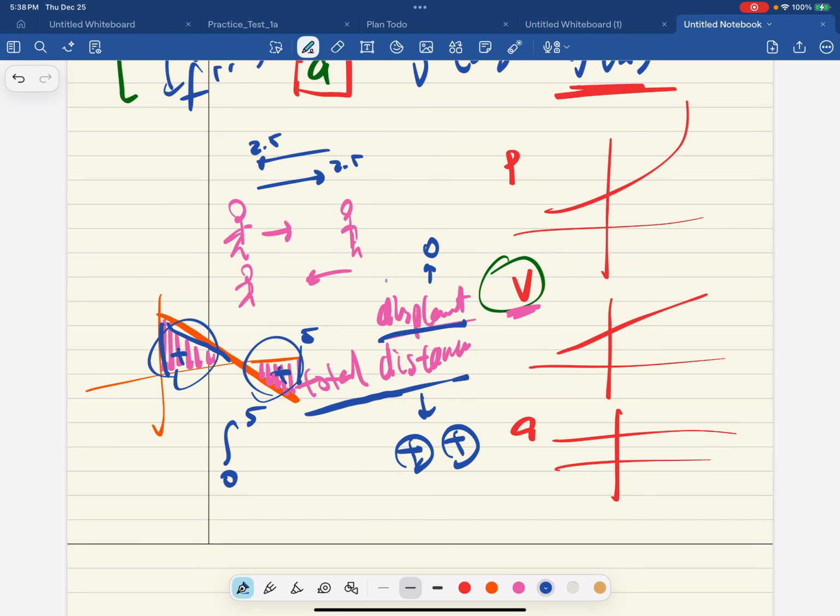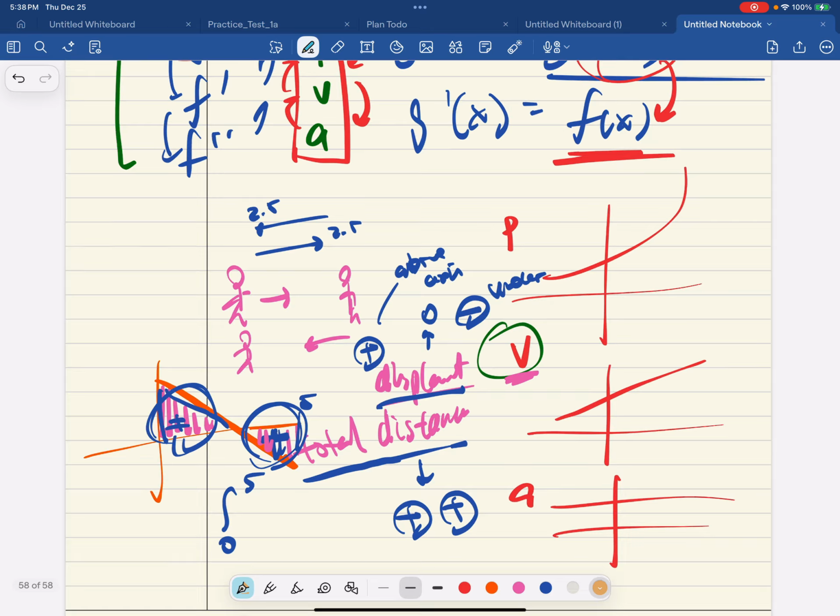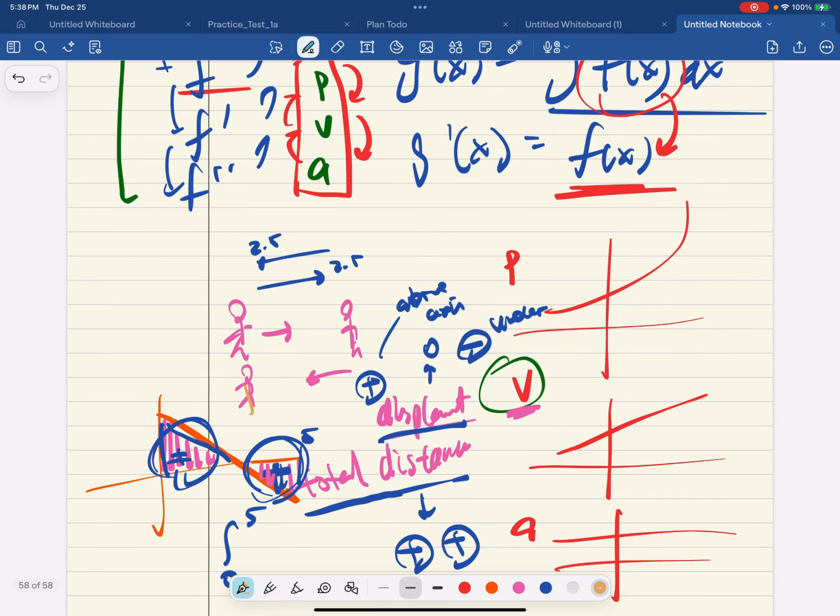Whereas for displacement, you add if it's above the axis, and subtract if it's under the axis, which is the case here. So then what you have to do is subtract here. This one, take away this one, will give you 0, which is normal if you walked from point A to point B, and from point B to point A, just came back, the total displacement is 0.